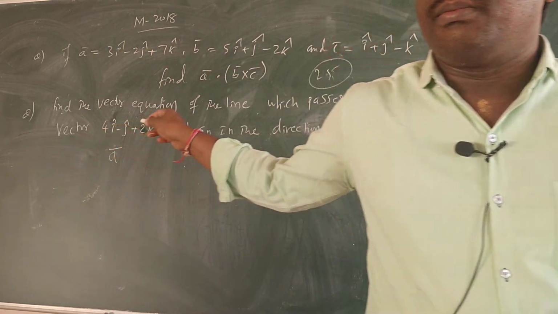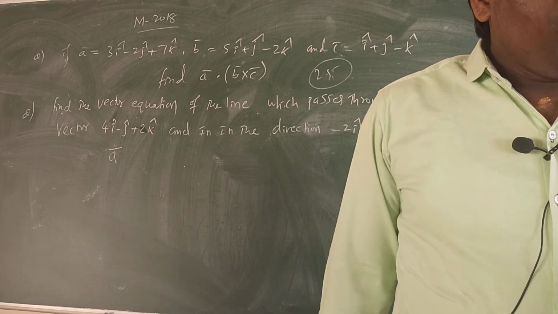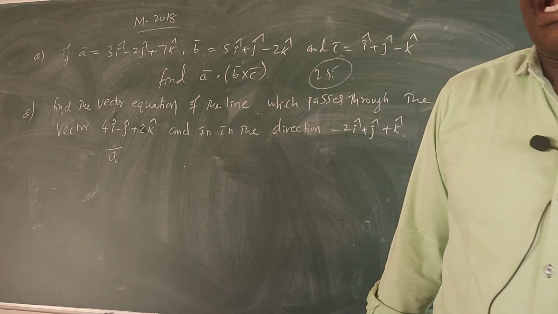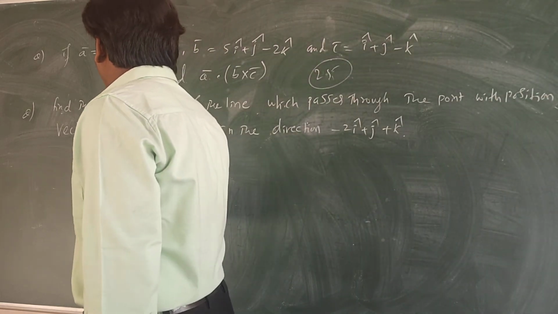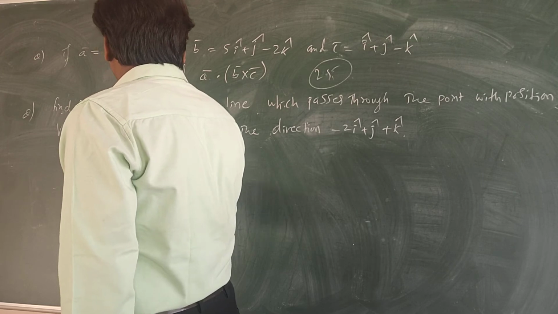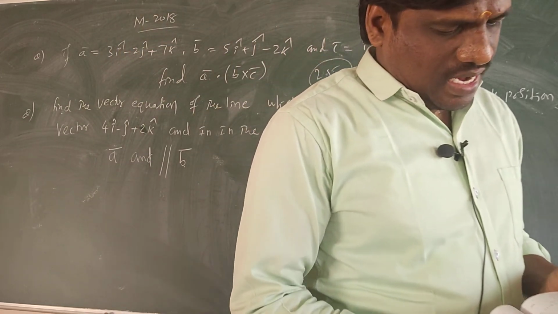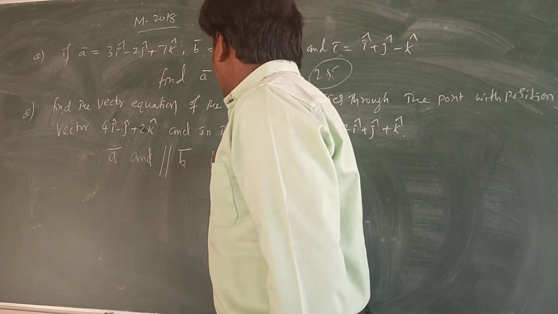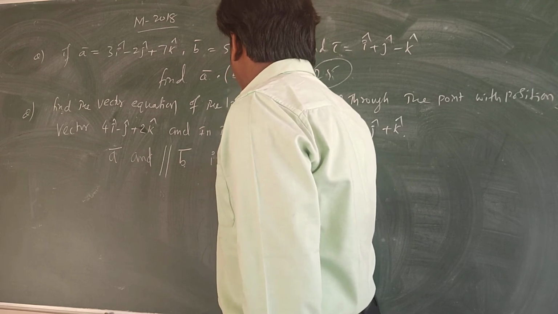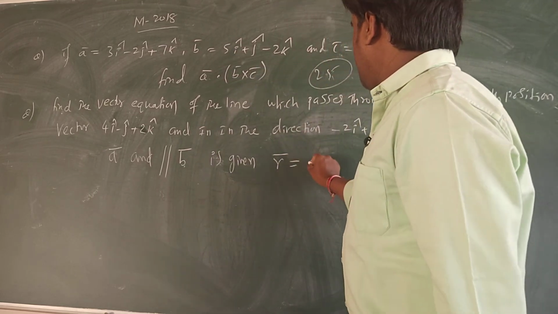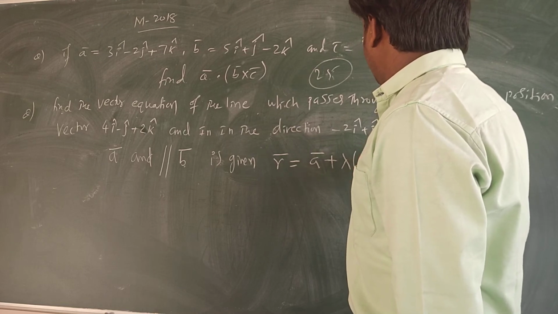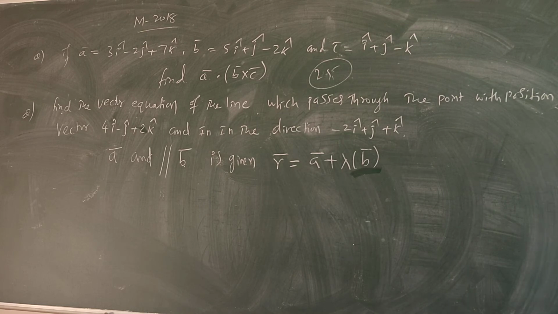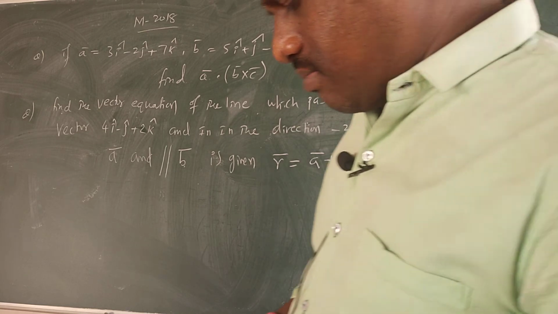See there, look at there, position vector A. Vector equation of a line passing through a point with the position vector A and parallel to vector B is given by R is equal to A vector plus lambda times B vector. This is called the vector equation.